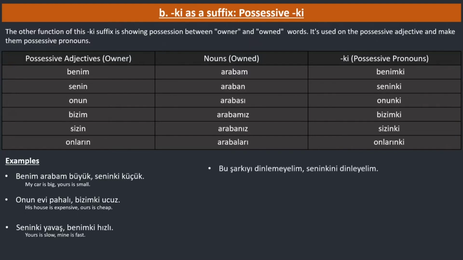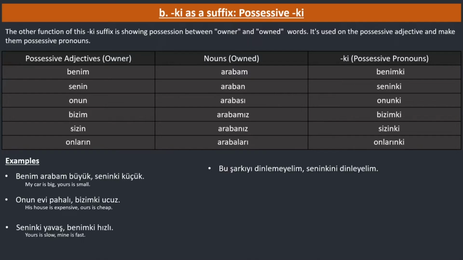And with this example, I want to show that seninki takes the place of şarkı. That's why you can also add the accusative case. Instead of şarkıyı, you can put the accusative case on seninki. So we have yi here for the accusative case to indicate the definite article. Bu şarkıyı dinlemeyelim, seninkini dinleyelim.